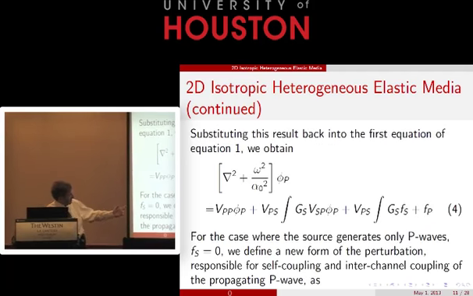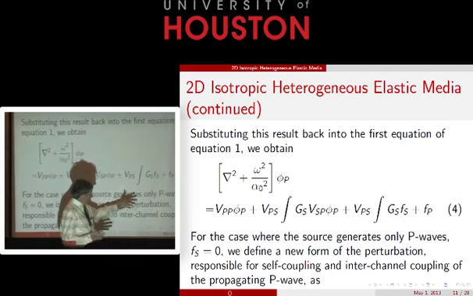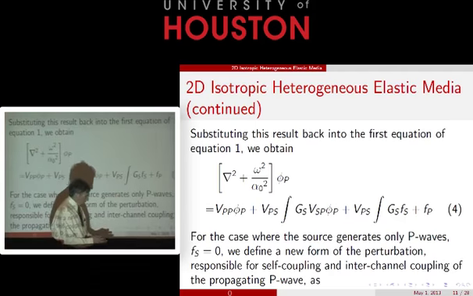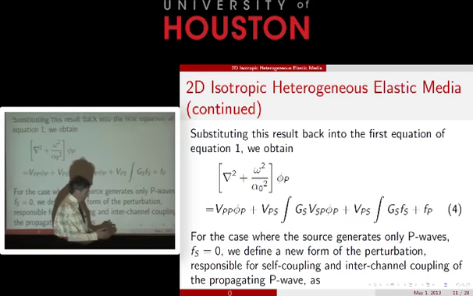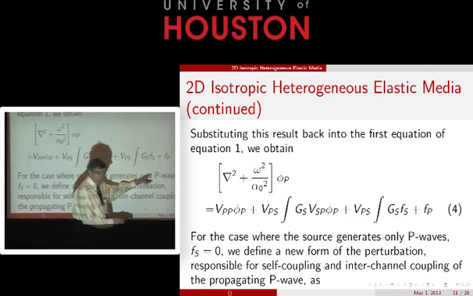So then now you substitute, you have one equation for phi P, and then you can further reduce, you can assume I'm in water, so my source is P. This is gone. Yes, this is a shear source.